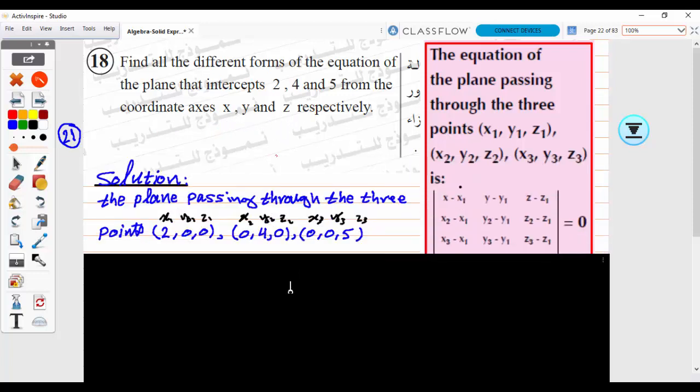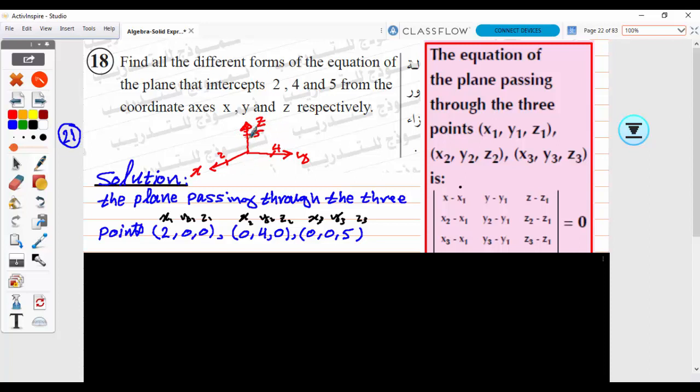So we have a plane intersecting the three coordinate axes x, y, and z. The intercepted parts are 2 from x, 4 from y, and 5 from z.